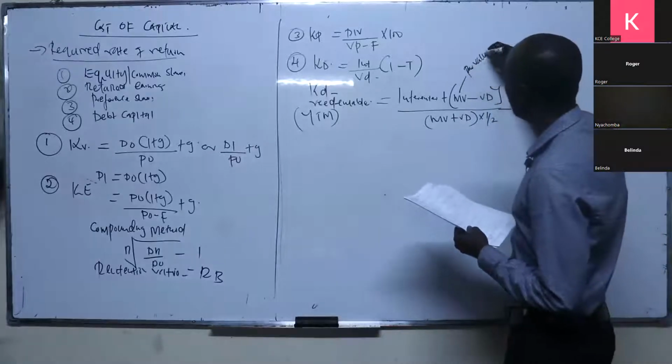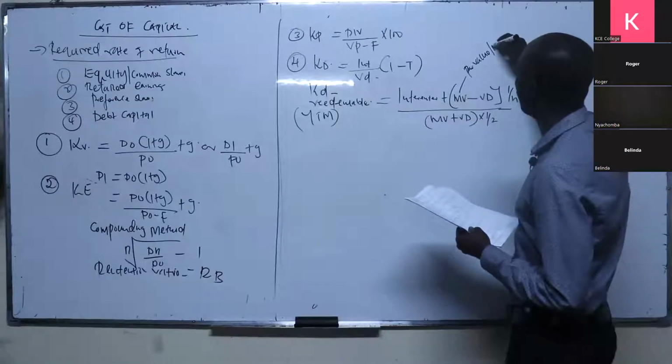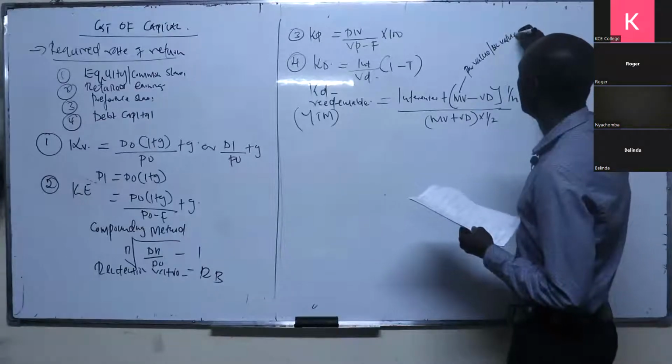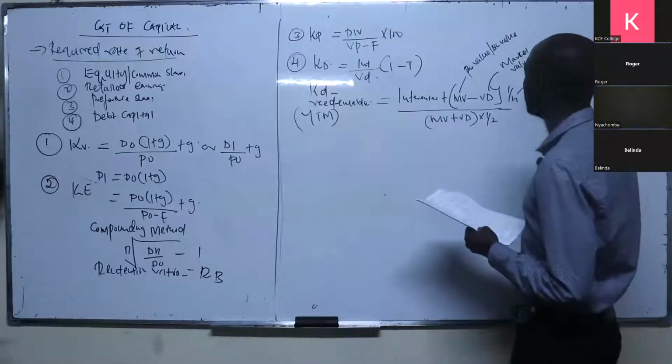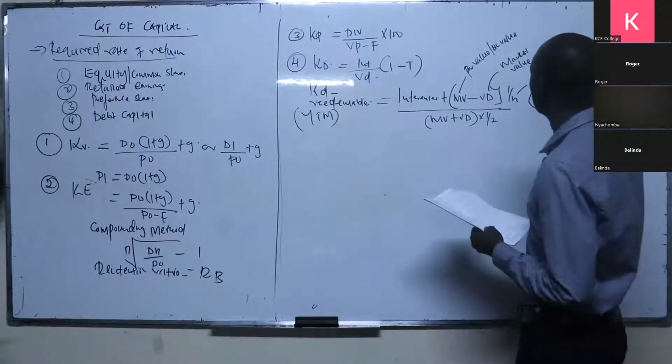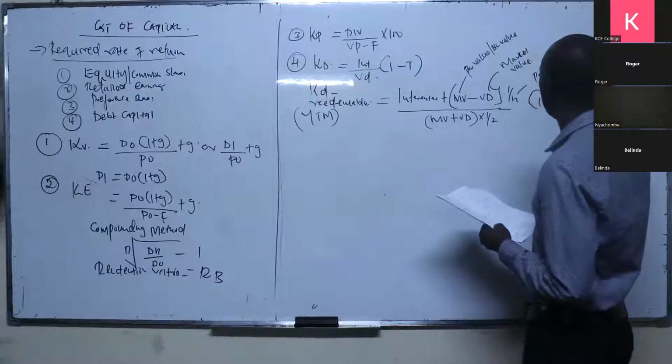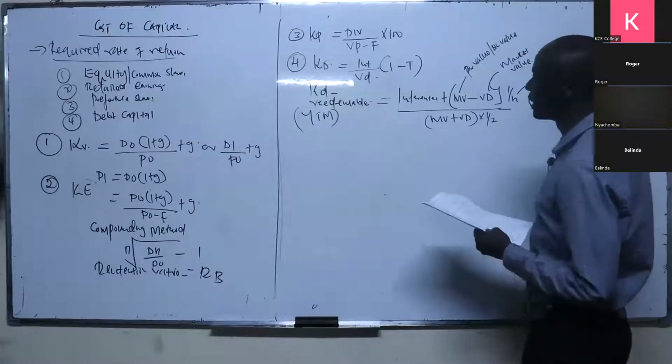N is the period to maturity. T is the tax rate.